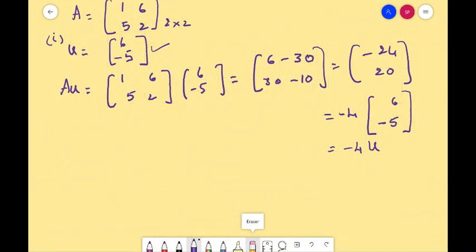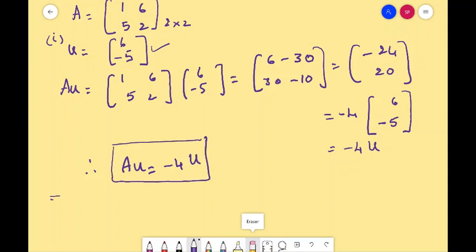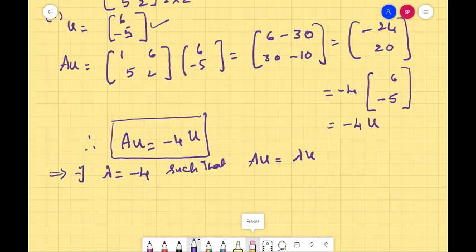Therefore, Au is equal to minus 4 into u, which implies there exists lambda equal to minus 4 such that A into u is equal to lambda into u.